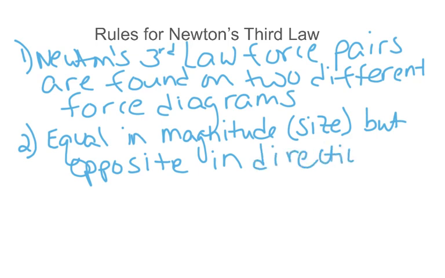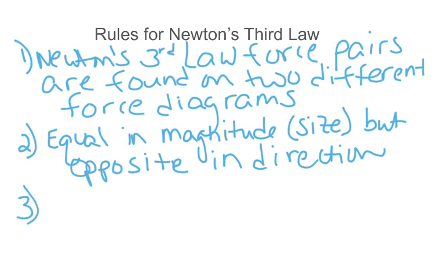If I were to pull on a rope to the right, the rope pulls back on me with an equal force to the left. One of the force pairs would be found on the free body diagram for me, and it would be the rope pulling me to the left. The other force in the pair would be found on the force diagram for the rope, and the rope would be being pulled to the right by me.